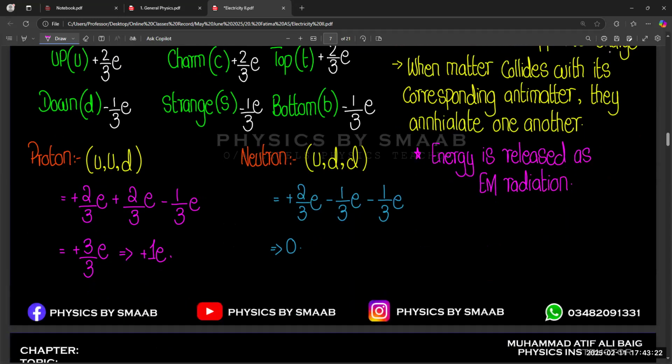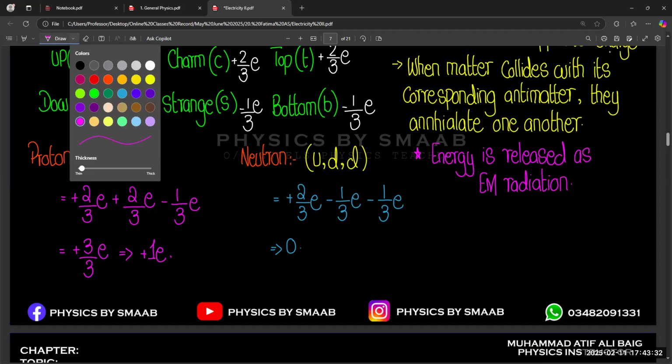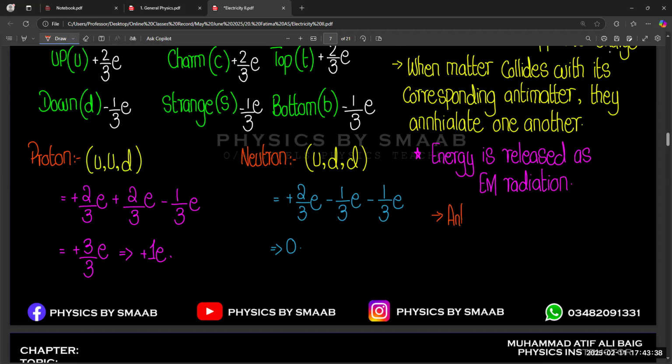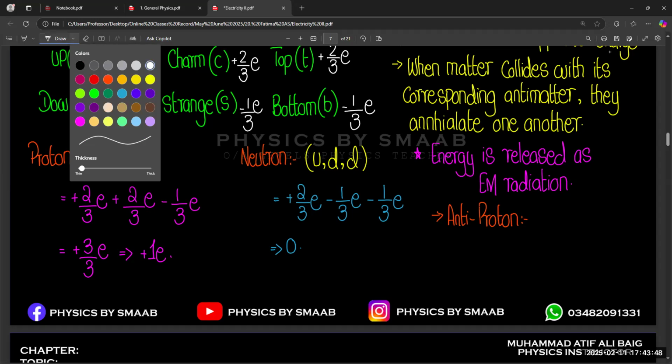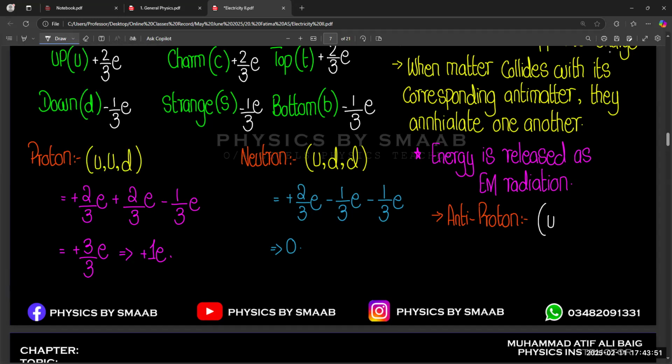And just like we discussed the quarks in proton and in neutron, so in proton we have up, up, down. So if we consider the antiproton, it is equal to anti-up, another anti-up, and anti-down, right?